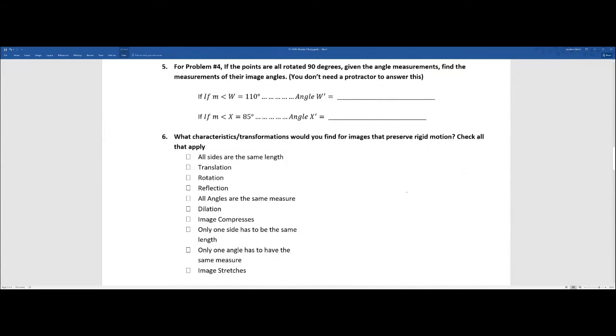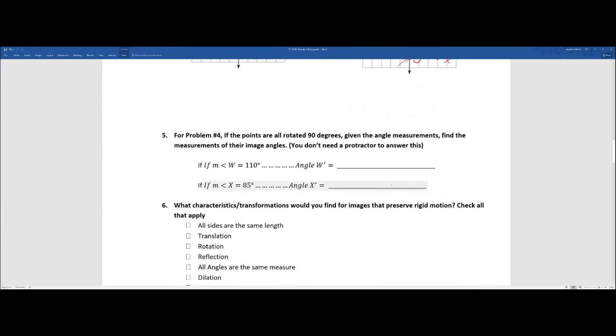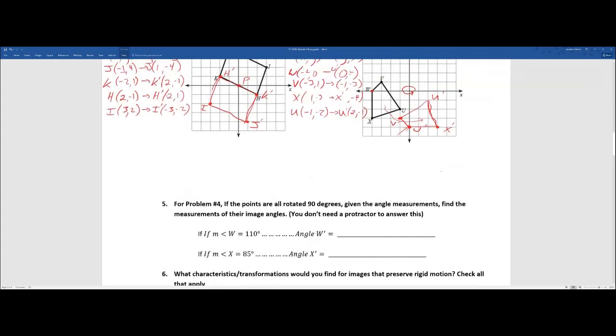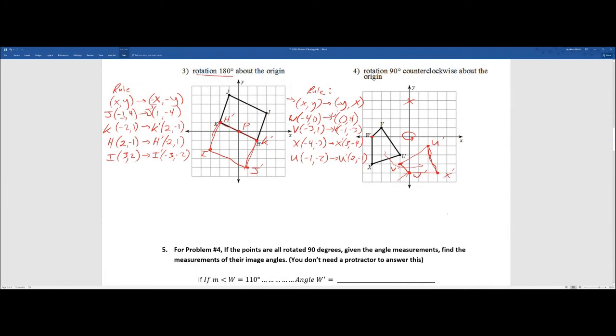All right, number 5. For problem number 4, if the points are all rotated 90 degrees, given the angle measurement, find the measurements of their image angles. You don't need a protractor to measure this. So first things first, remember rigid motion when I talked about it.